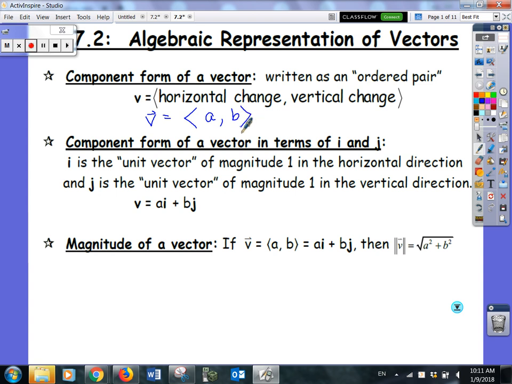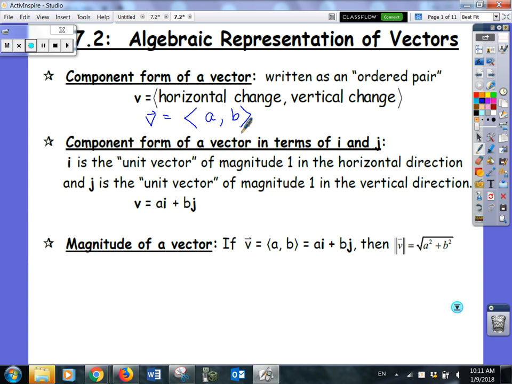The reason we use a and b is because the next form, in terms of i and j, uses the letters a and b. But again, a is the horizontal, the x value, and b is the vertical, up and down, the y value. So when you're writing in terms of i and j, you're using the same information, horizontal and vertical change, but you're putting it in front of the i and in front of the j.